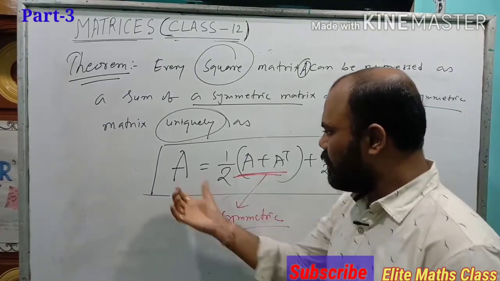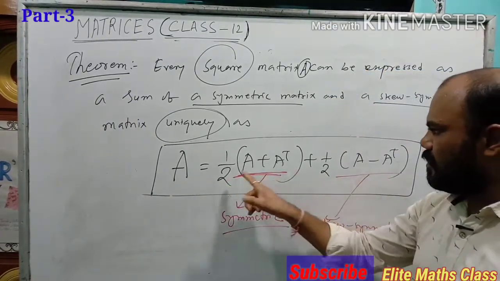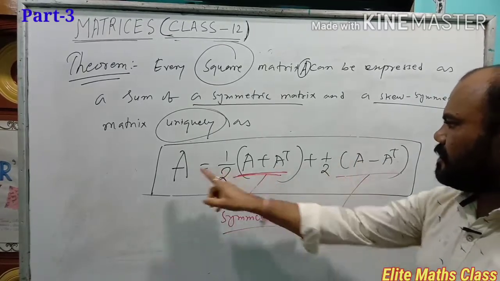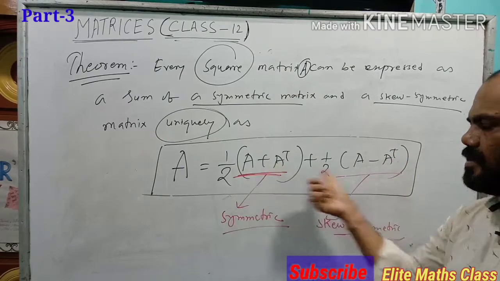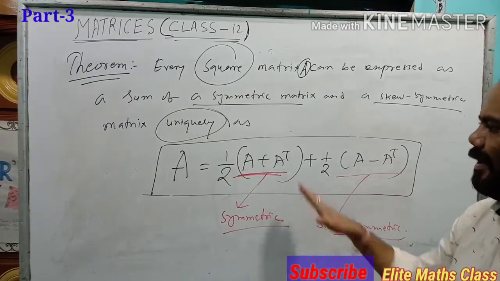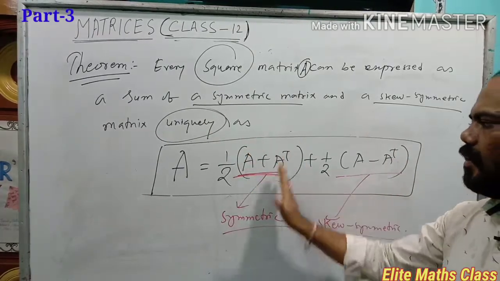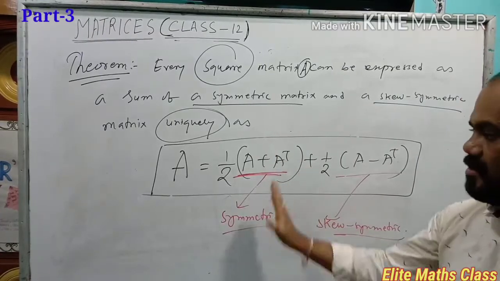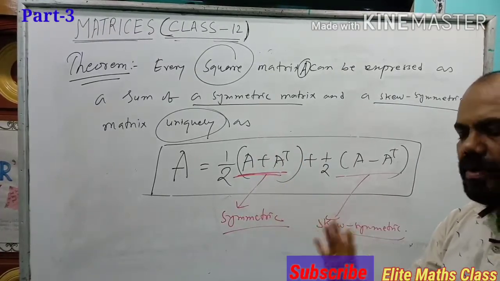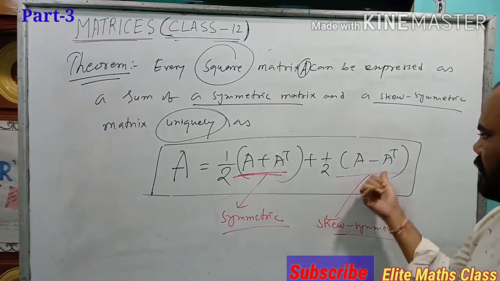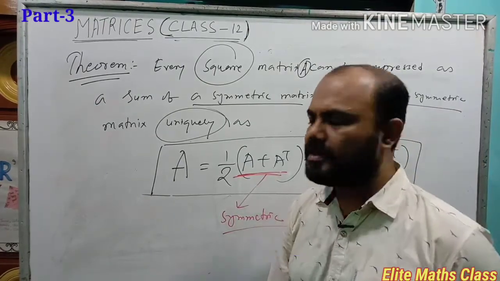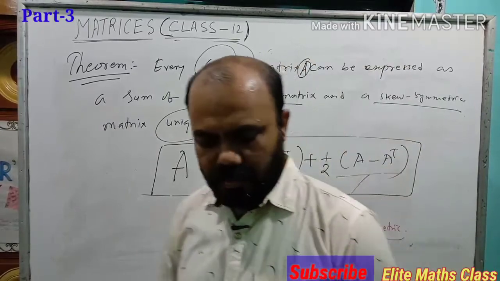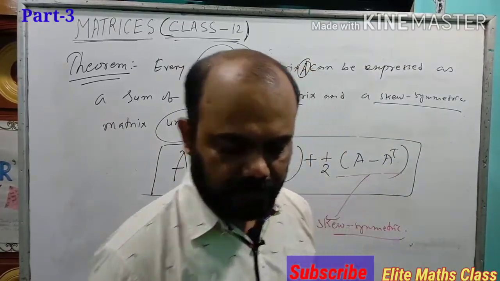Algebraically, you just see the calculation. Half of A plus half of A means A, plus half of A transpose minus half of A transpose cancel. So this expression is true. This structure A plus A transpose always represents a symmetric matrix, and A minus A transpose always represents a skew symmetric matrix. I am not going for the proof here.